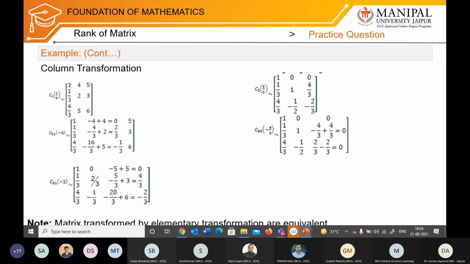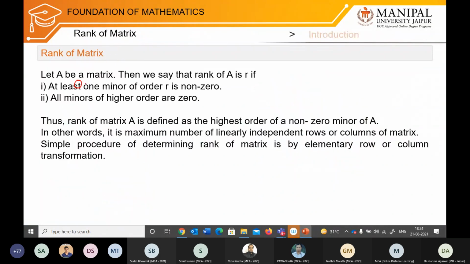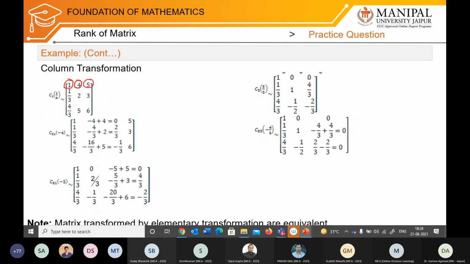If we apply the transformation on columns, what will be our target? This element should be 1, this element should be 0, and this element should be 0. How can we do this? First of all, we will divide the first column with 3, with this element, right? Then we need to reduce this element into 0. How can we do this?